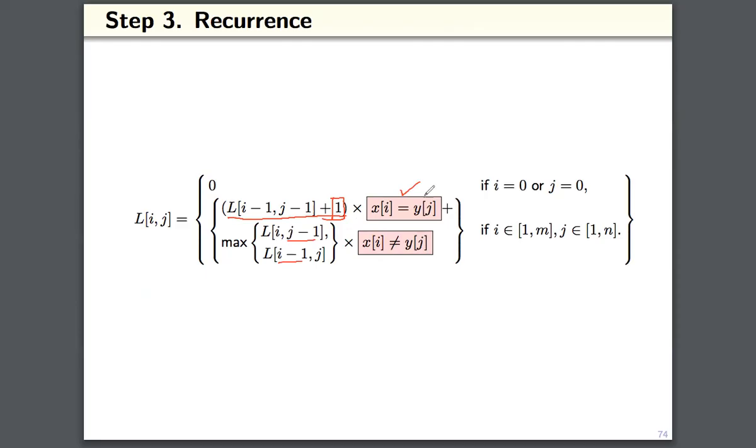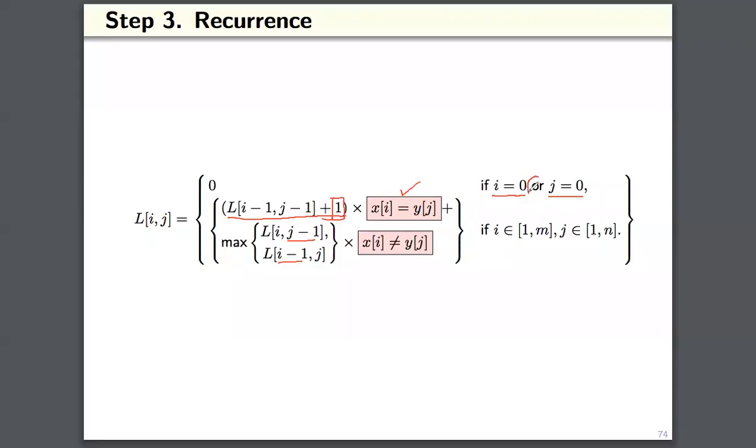Then what is the base case? Once you have the recursive case, what is the base case? If the first string has no characters, or the second string has no characters, the longest common subsequence is definitely 0. If one of the strings is an empty string, then the LCS length has to be 0.